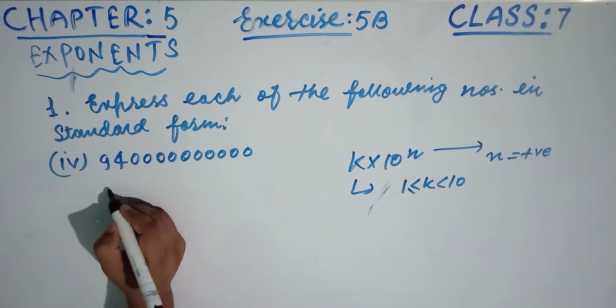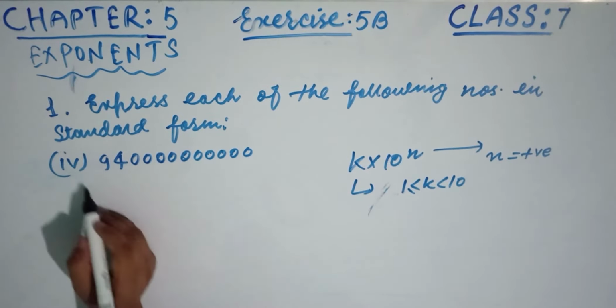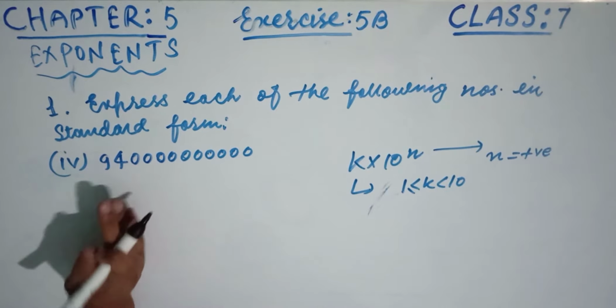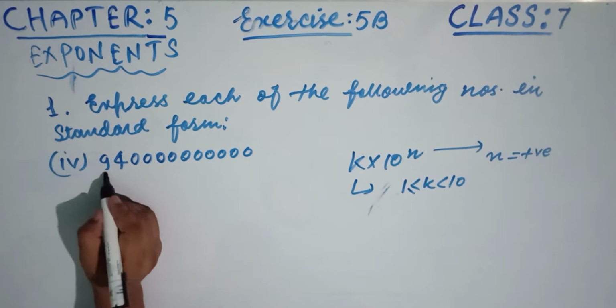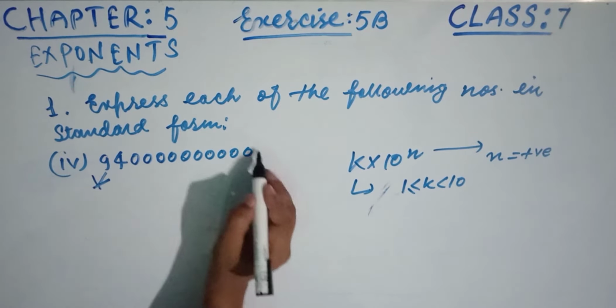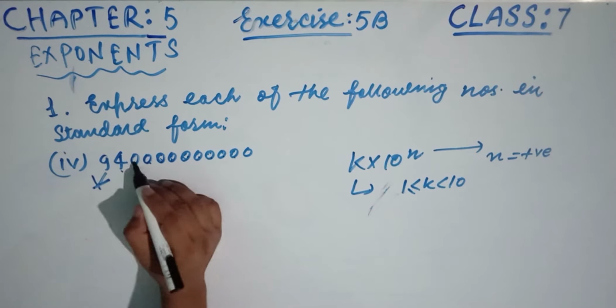Remember, friends, count the number of digits except the first digit. We have to leave the first digit and count the total number of remaining digits. So the total number of digits is 11: 1 2 3 4 5 6 7 8 9 10 11.